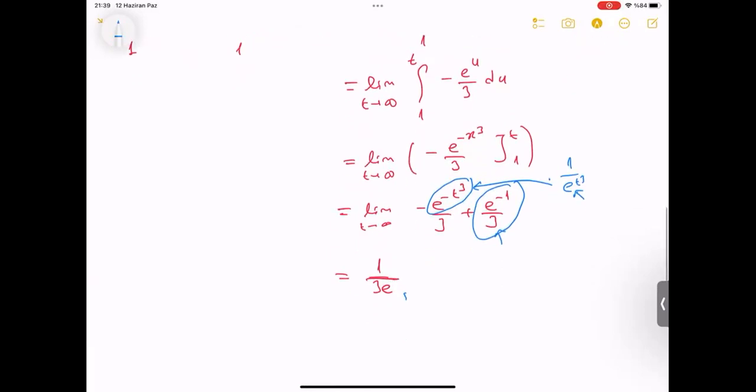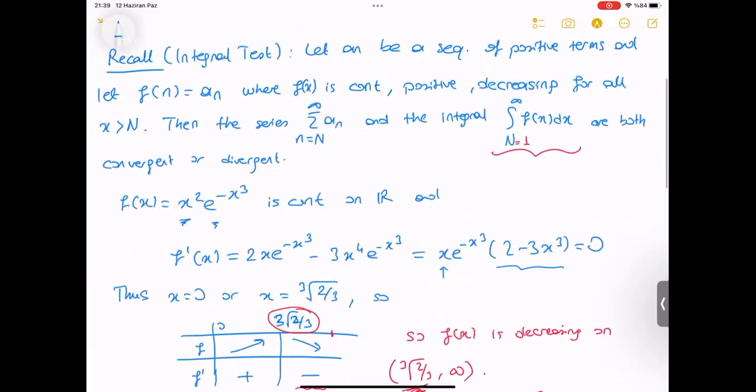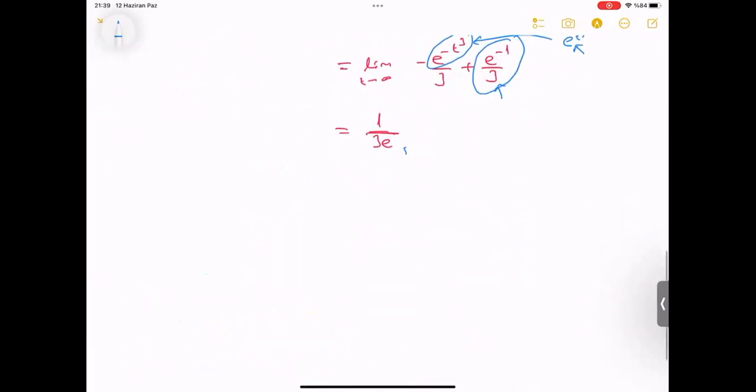By the integral test, if this is convergent, then so is the series. So using the integral test, we see that the series for n equals 1 till infinity of n squared e to the minus n cubed is convergent.